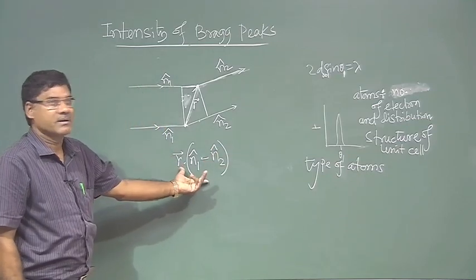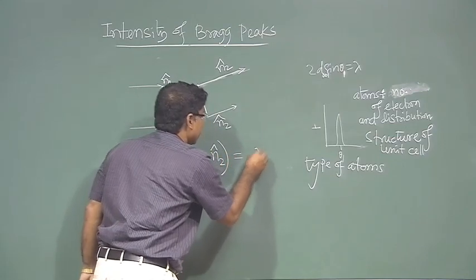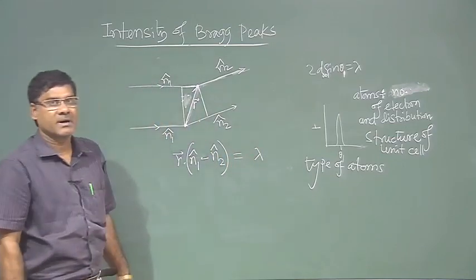So, that will be the path difference and it has to be an integral multiple of lambda.